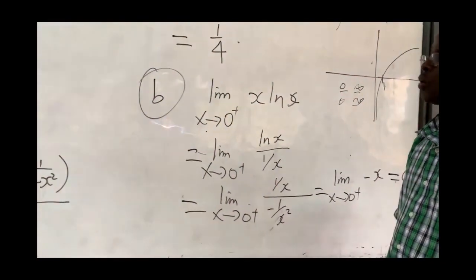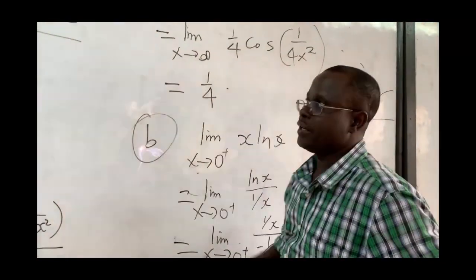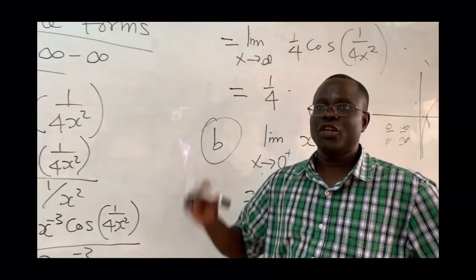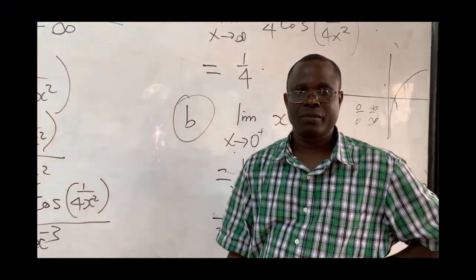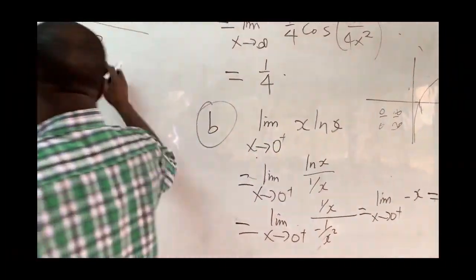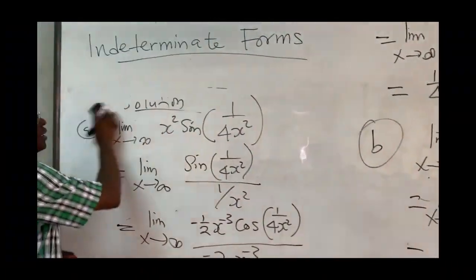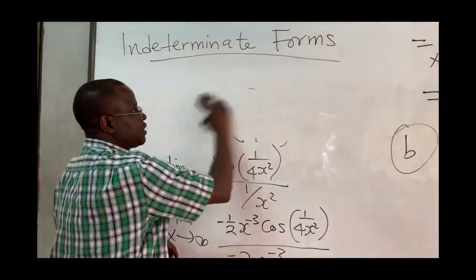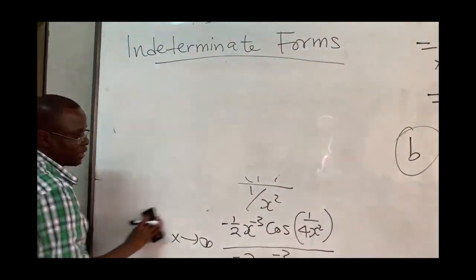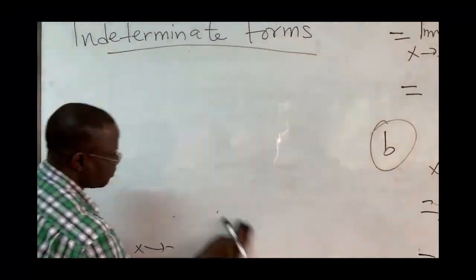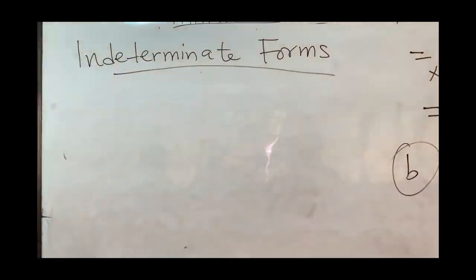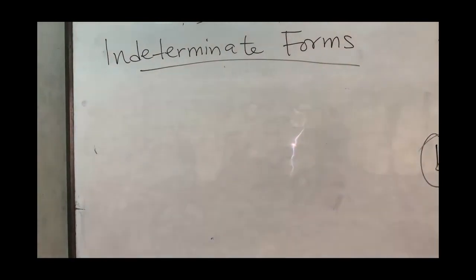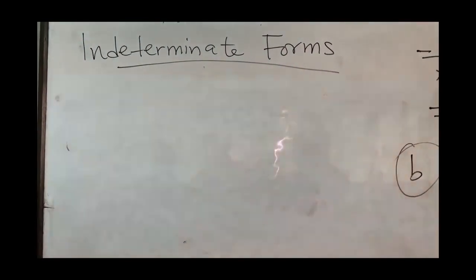Good. So you could try the third one, so that we'll finish off with the last bit of indeterminate forms. The last bit of indeterminate forms has to do with expressions which say 0 raised to the power 0, 1 to the power infinity, and those kinds of indeterminate forms. So we're going to finish off with this kind.